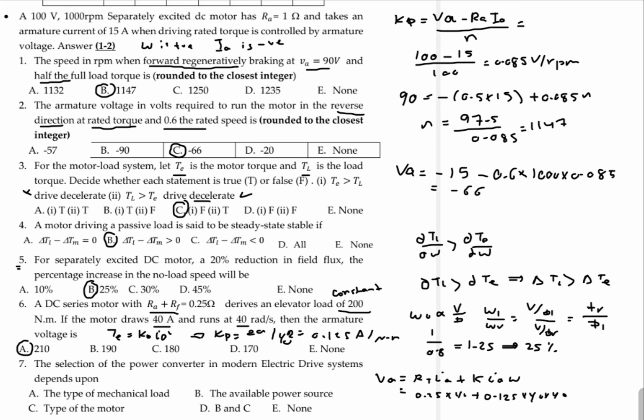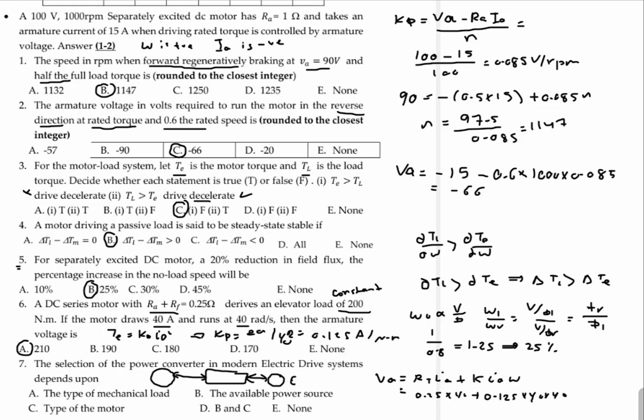Now the last one here, the selection of the power converter in the modern electric drive system will depend on. If we notice here, the power converter is in between the supply and the electrical machine.